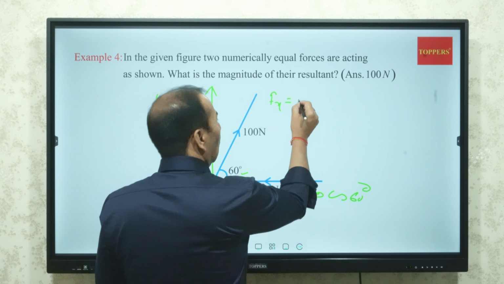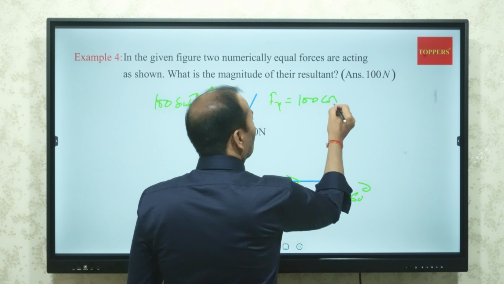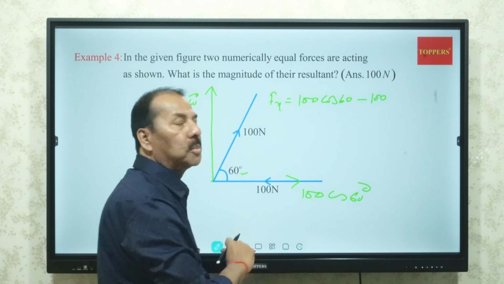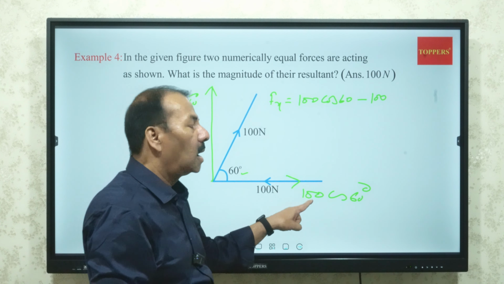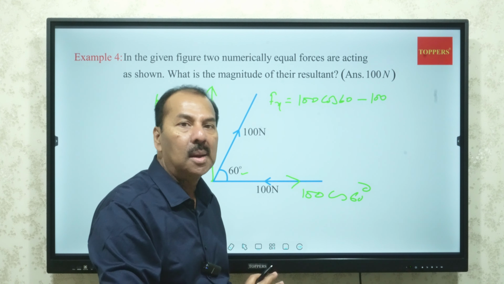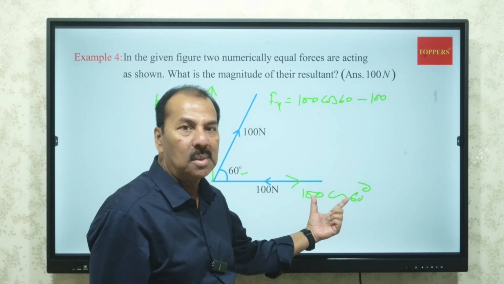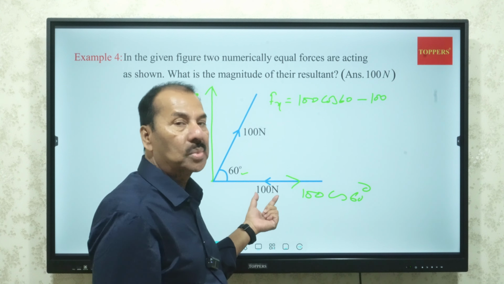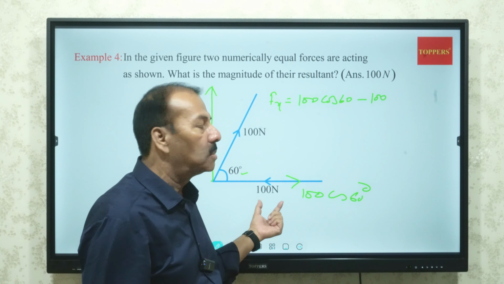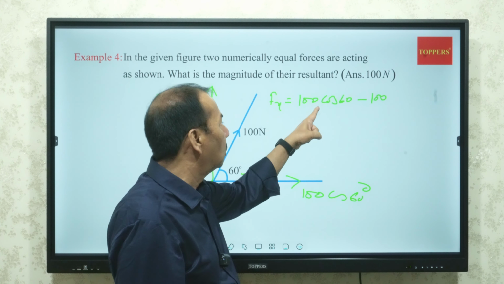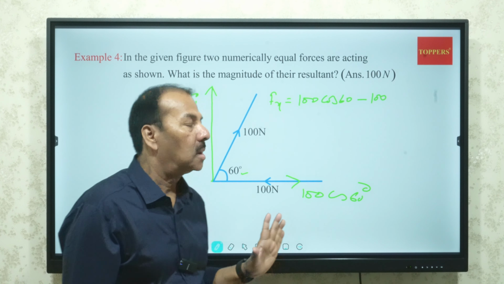So you can say 100 cos 60 minus 100. Because both are oppositely directed, we are adding, but we are adding with the proper sign. So if you are taking the positive x-axis with the positive sign, then the forces acting towards the negative axis will be taken with the minus sign. That's why I have written this with the plus sign and this with the minus sign.